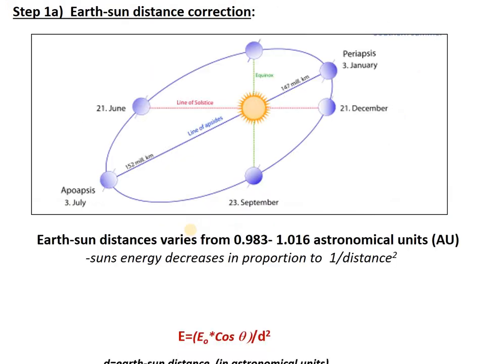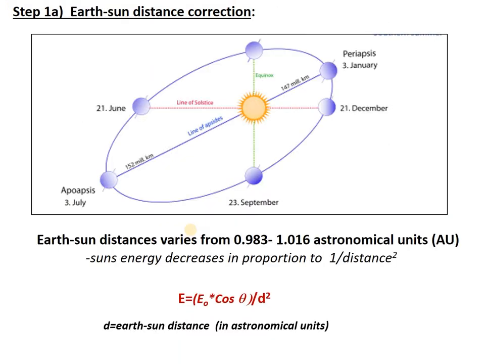The next correction we need to make is to correct for the Earth-Sun distance. This is a very small correction, but it's required because Earth's orbit around the sun is not circular, it's an ellipse. So at certain times of year, Earth is somewhat further from the sun, and that has a small effect on the amount of incoming insolation.